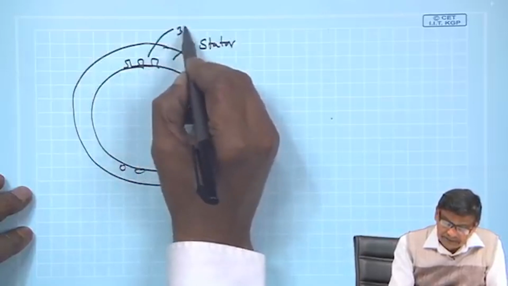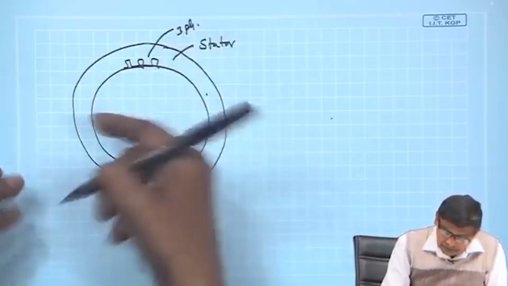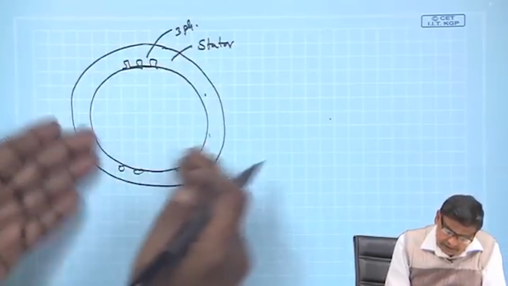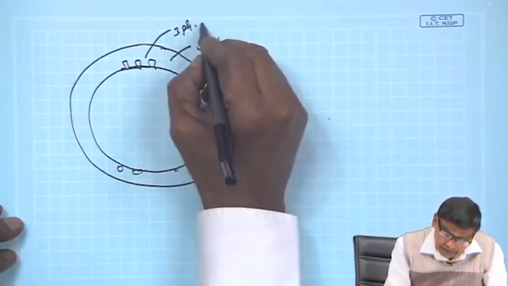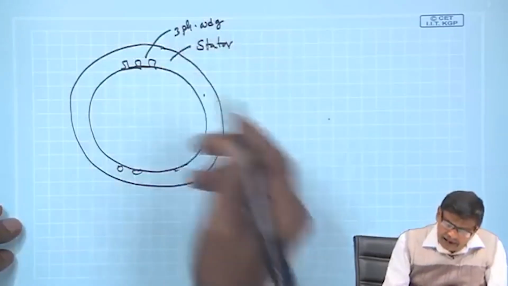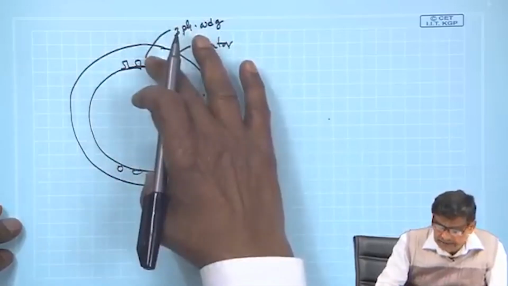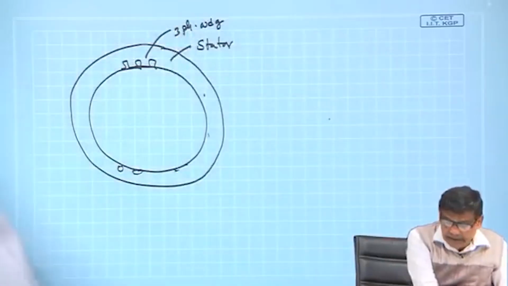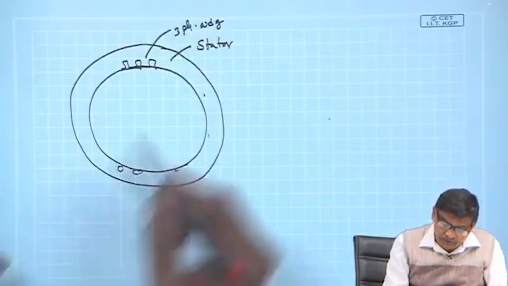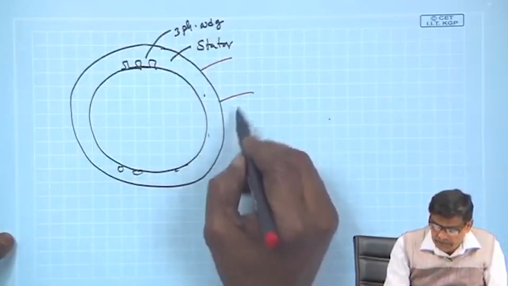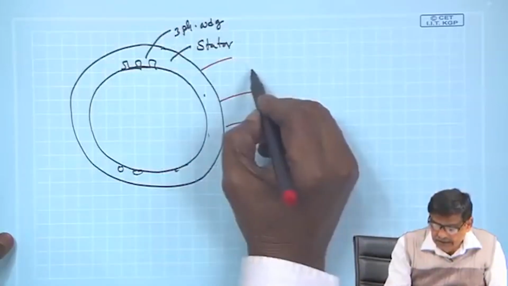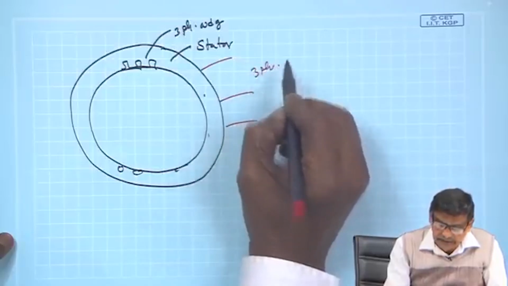Okay. This you please allow me to draw like this. It is an inner surface 3 phase winding, and I have planned to energize this by a 50 hertz source. 3 terminals will come out from these windings, 3 phase source we have connected.